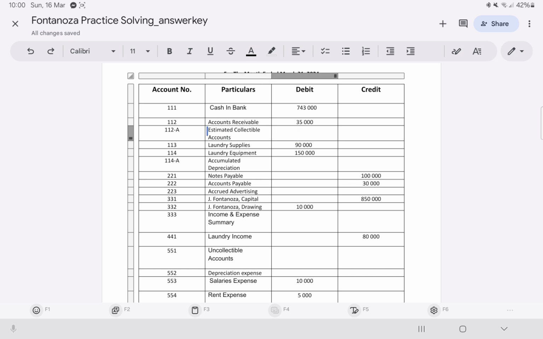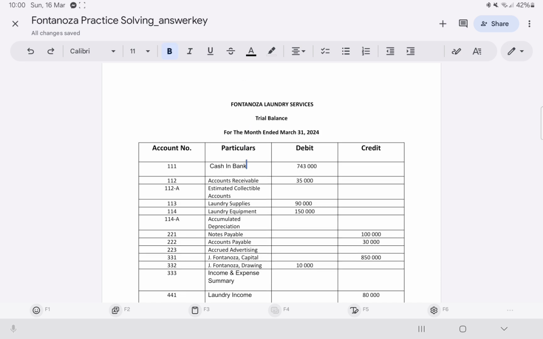If I will not require you to solve the additional information by the next meeting, it's okay if you do not include this one in the trial balance.